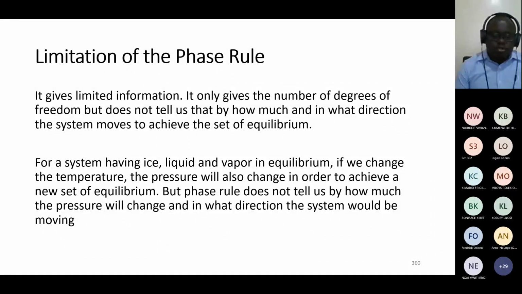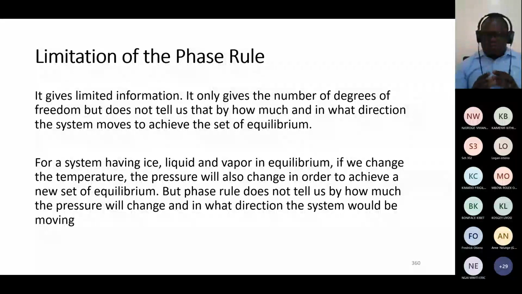For you to do that, you need the study of chemical equilibria to determine the direction towards equilibrium. So for example, when you have a system having ice, liquid, and vapor in equilibrium, if we change the temperature, the pressure will also change in order to achieve a new equilibrium.